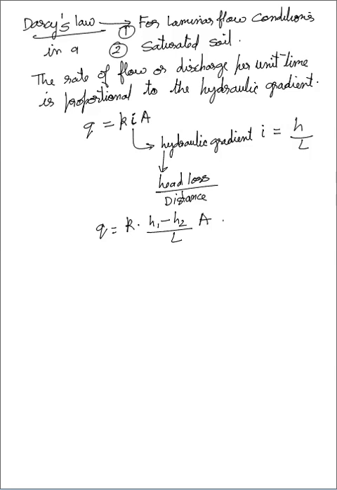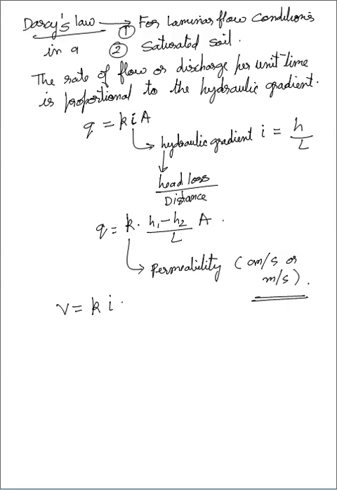Here K is your permeability. The unit is centimeter per second or meter per second. Basically it is the ability to pass the water, so it has the unit of velocity. So V is equal to Ki.